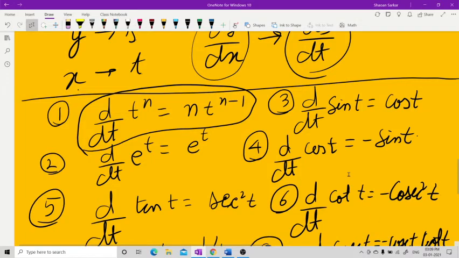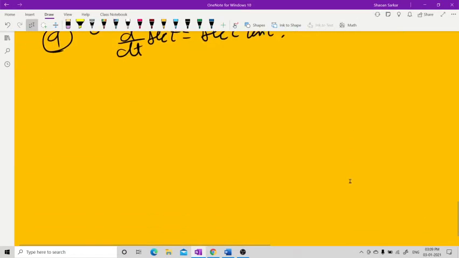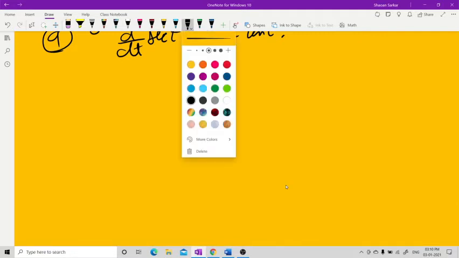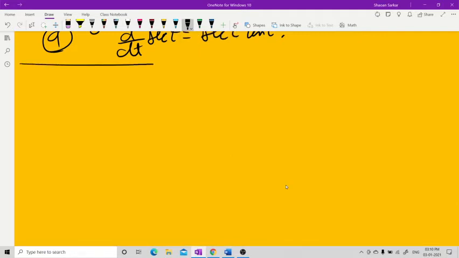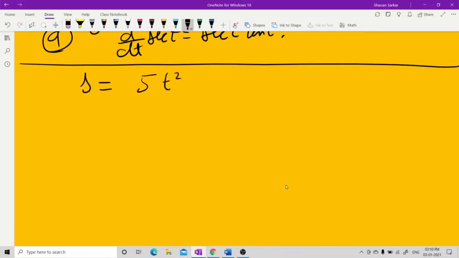Now, let us see how to do these problems. Let me take an example. Let s be equal to 5t square plus 7t plus 6.